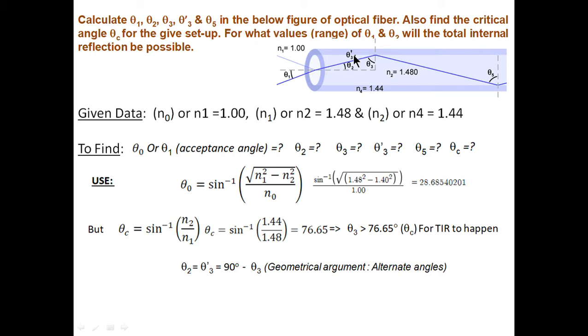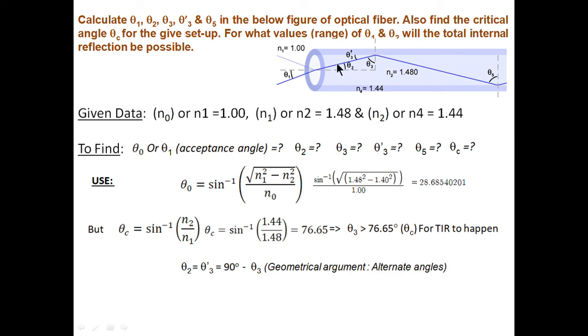You might have already learned all this in geometrical arguments in your lower standards, where you have seen that there are two parallel lines and there is a ray standing on them. Then you have these alternate angles. So theta 3 dash and theta 2 will be equal. Call it an alternate angle. So basically theta 3 dash can be got by 90 minus theta 3.